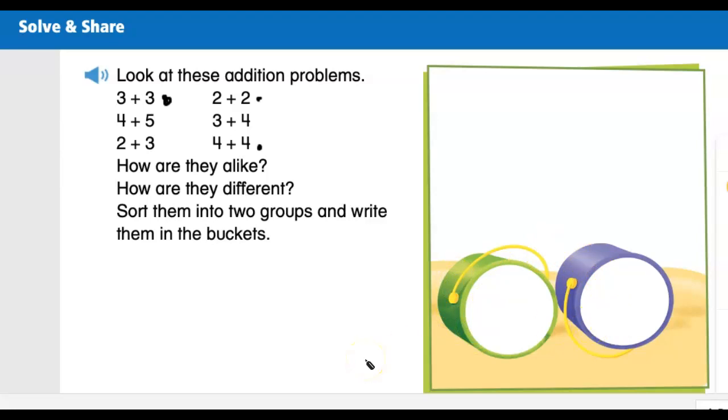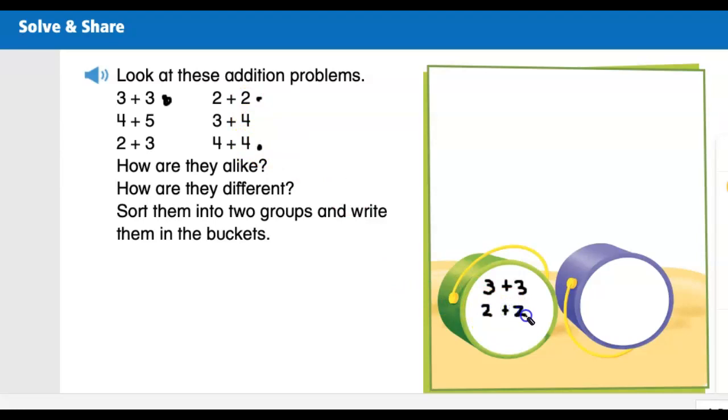I think I'm going to sort them together by putting all of the doubles addition problems together and then all of the ones that are not doubles in the other bucket. So what I'm doing, boys and girls, and you can follow with me, I'm going to take all of my addition problems that are doubles and I'm going to group those together and put those in this bucket here.